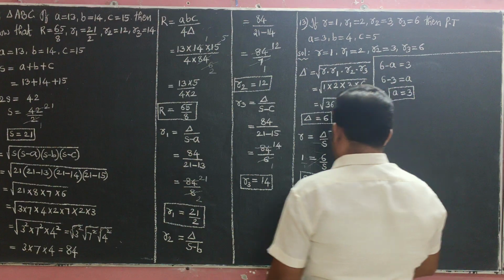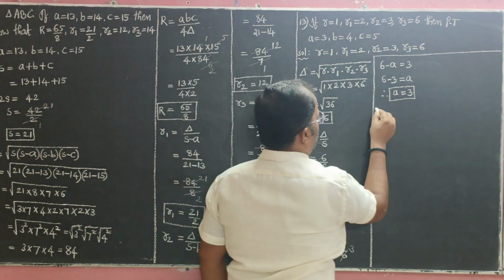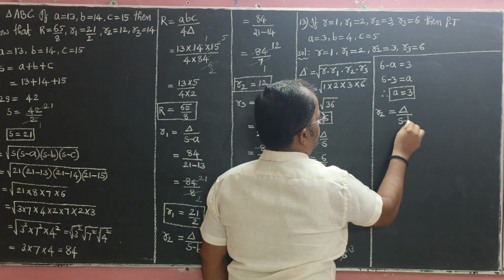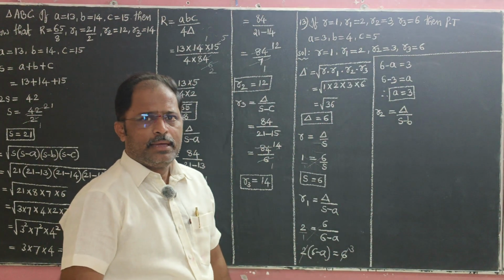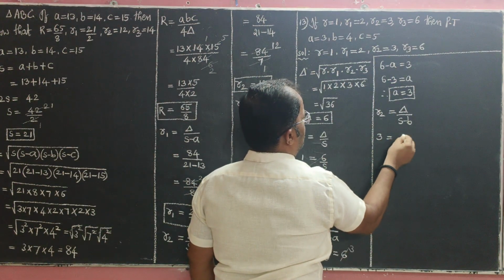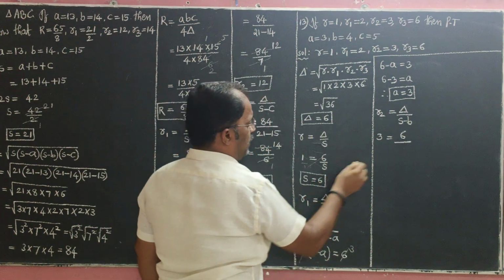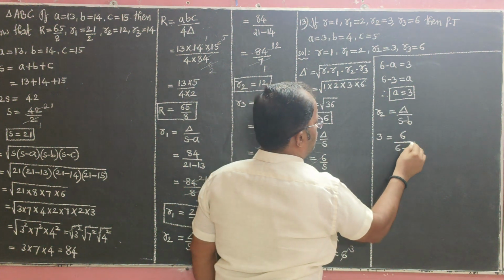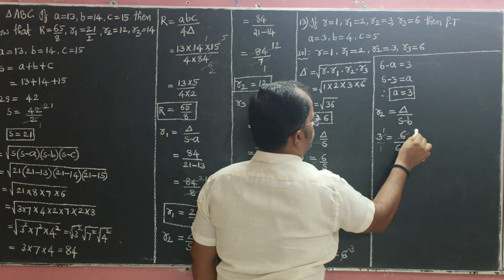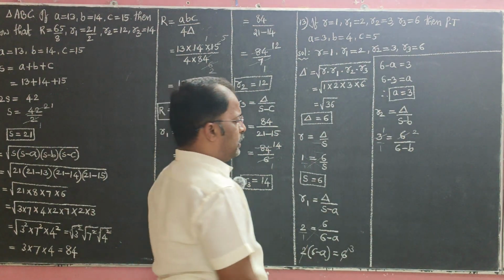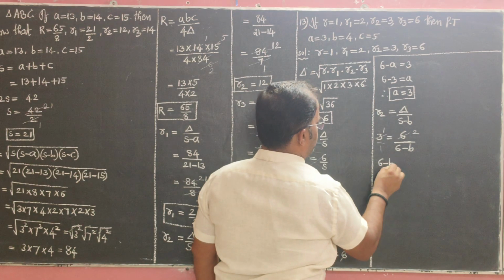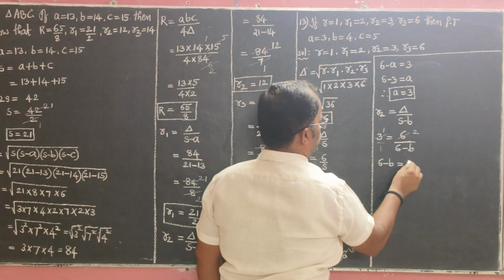So the A value is also completed. Now R1 is completed. Now the R2 formula. What is the R2 formula? Delta by S minus B. Substitute the R2 value 3, the delta value 6, and the S value also 6 minus B. So 3 over 1 equals 6 over 6 minus B. Cross multiplication: 3 times 6 minus B equals 1 into 6... on the LHS and RHS we can cancel the numbers. 1 into 6 minus B, 6 minus B equals 1 into 2, which is 2.